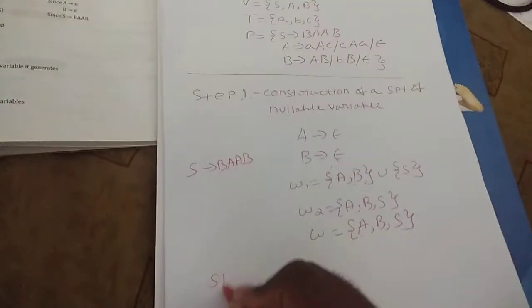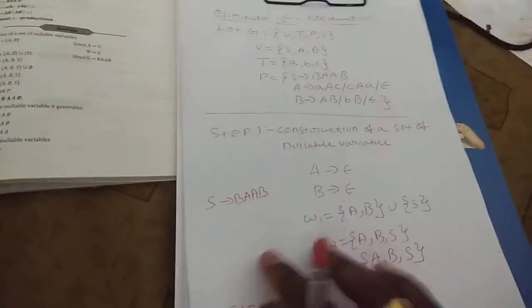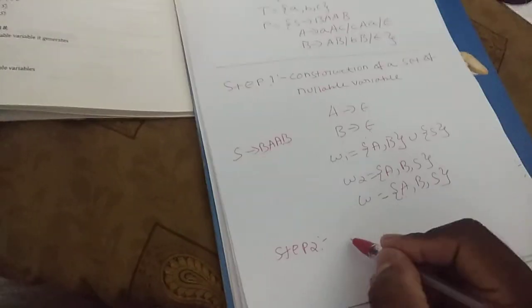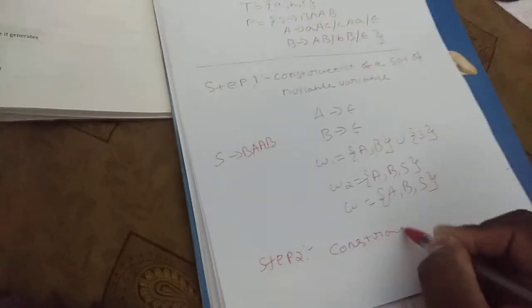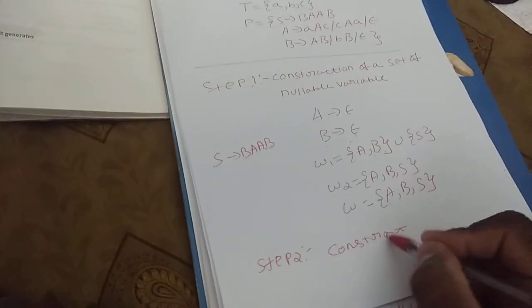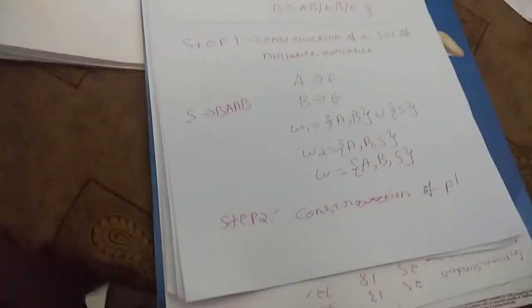Now step 2. Step 2 is the construction of P dash.